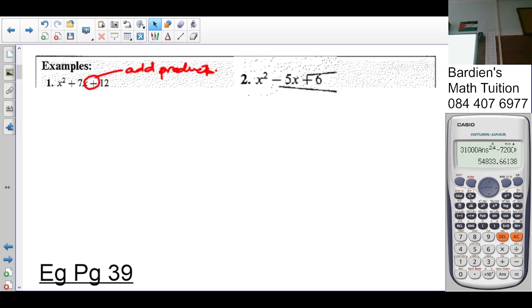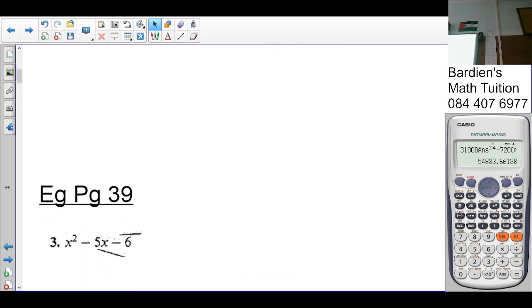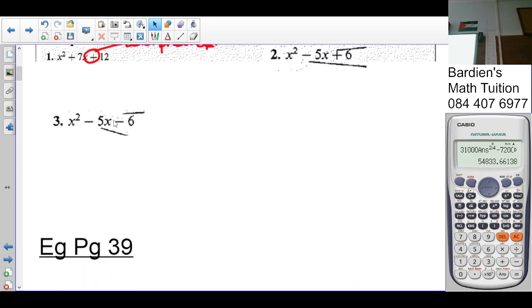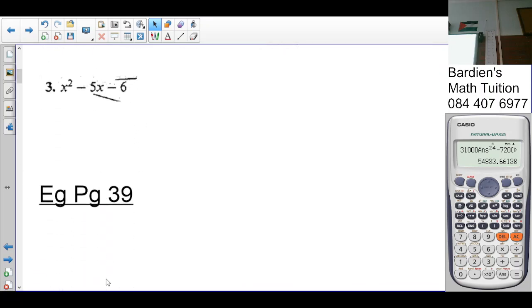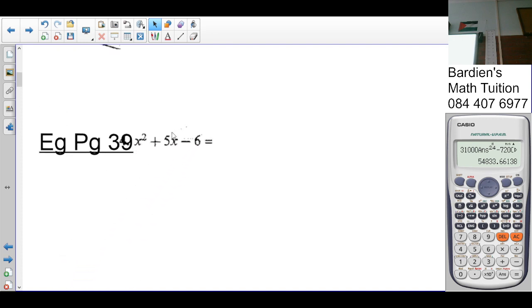So if that had to be minus, what do we do? We subtract the products. If it's plus, we add a product, if minus, we subtract the product, okay? So for this form, we're going to draw what we call a product line. Okay, we'll come back now to those notes that we're going to make here.